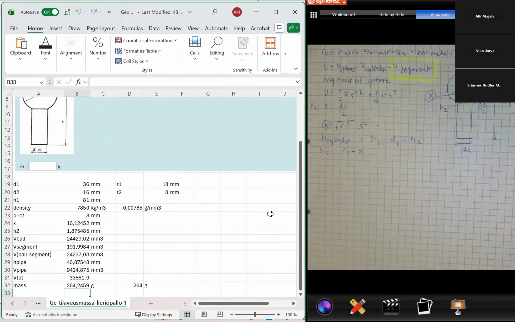So there, if my diameter would be, let's see, I could still pick what it gave me this time. It gave me 37, 16, and 82. Oops.